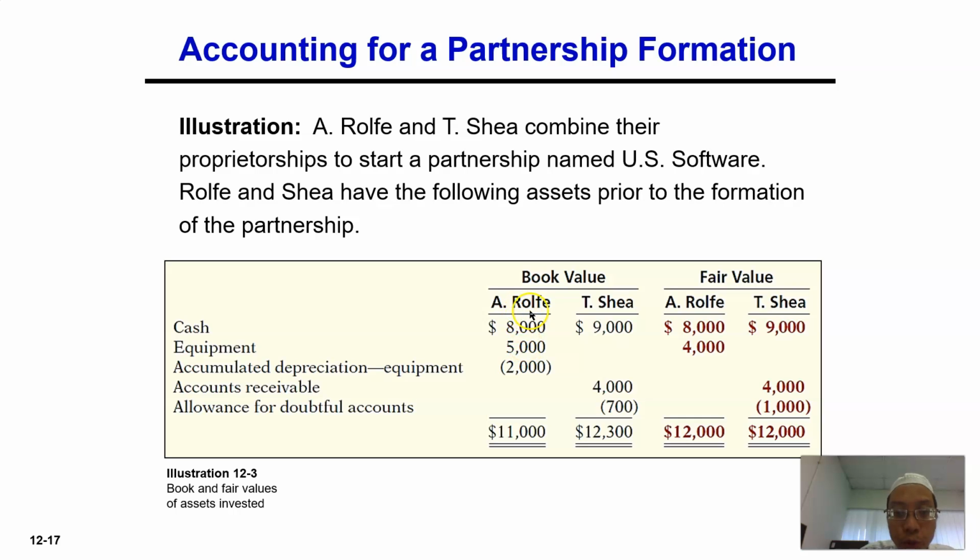So A. Rolf has cash $8,000, has equipment with a book value or historical cost of $5,000, but that equipment carries an accumulated depreciation of $2,000, bringing a total book value of $11,000, whereas Shia has cash $9,000, accounts receivable $4,000 and allowance for doubtful accounts $700.